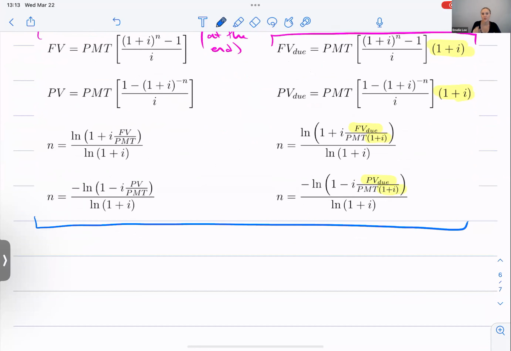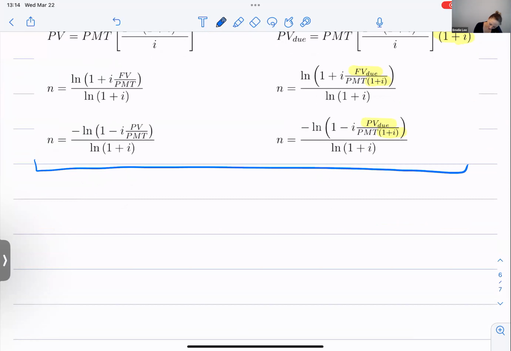How we use these formulas. We use these formulas the same way, regardless of when the payments are made, so whether you're solving for the future value, the present value, n, or the payment.